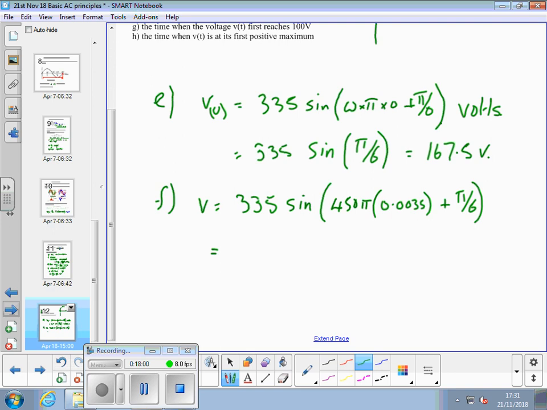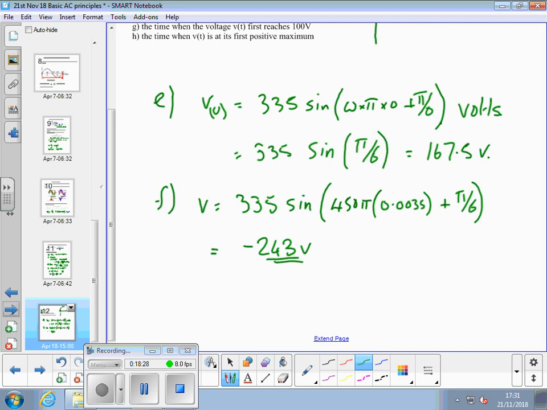Again, your calculator must be in radians. Minus 243 volts. And again, look back. What was our period? What was a complete cycle for this waveform? Four milliseconds.